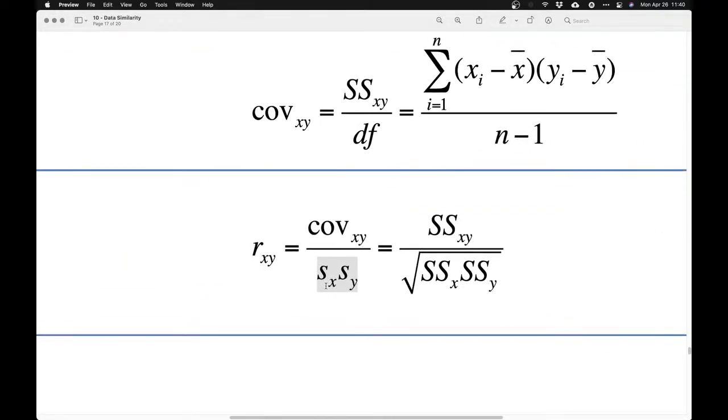Remember, when you mean center a variable and divide by its standard deviation, we say that variable has been standardized. This is a fully standardized covariance. We're taking the covariance of x and y and dividing it by the standard deviation of x times the standard deviation of y. We're standardizing the covariance by both the x variable and the y variable. That's a correlation. Okay, so a statistical explanation of correlation is that it's a fully standardized covariance of two variables.